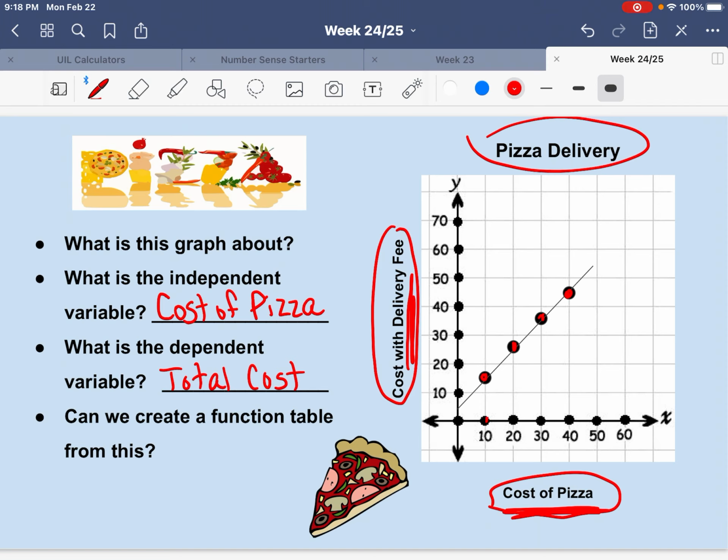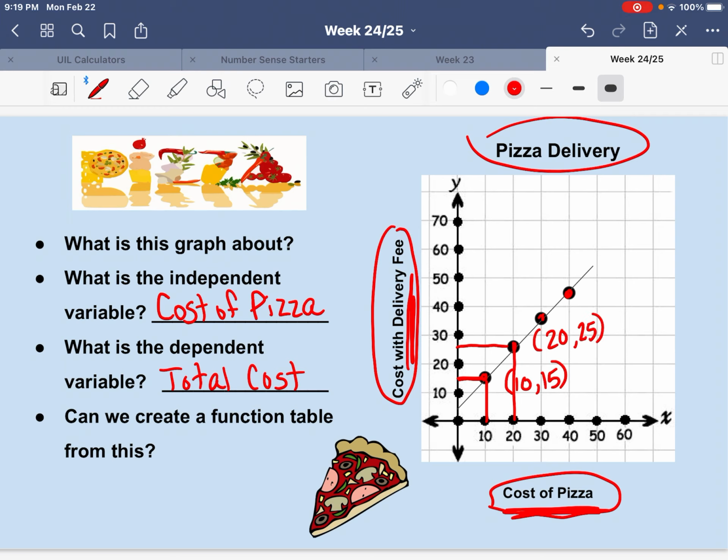Absolutely. We look at these points that are on this line and we can find the coordinates that would be on that line. So this one right here would be 10 and looks like in between that would be 15. This point right here would be 20, 25.